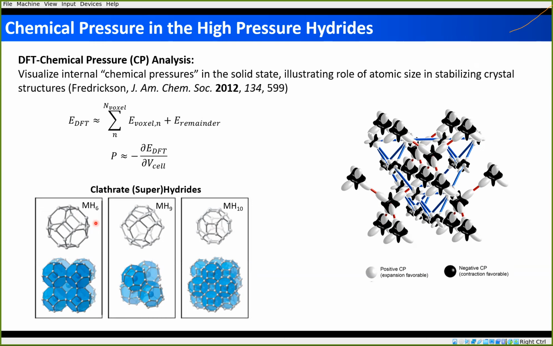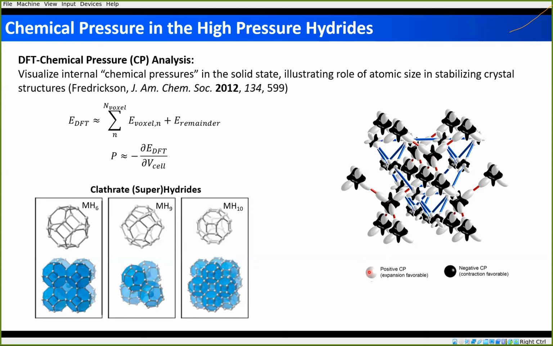So in order to interrogate that a little bit more, we turned to the DFT chemical pressure analysis that has been pioneered by Danny Fredrickson's group, where one would calculate what the DFT energy is within a particular region of space, called a voxel, then expand and contract the cell somewhat, and calculate the pressure in that way within that voxel, and then project this, using spherical harmonics, to interpret what this type of chemical pressure map might look like.